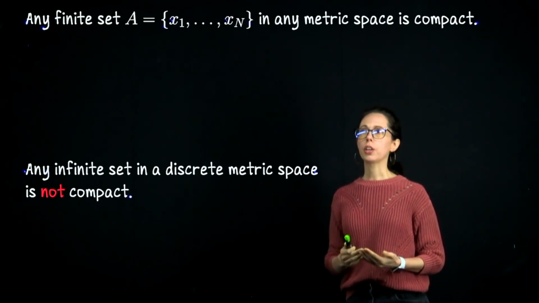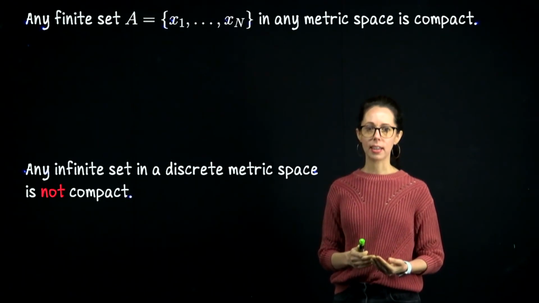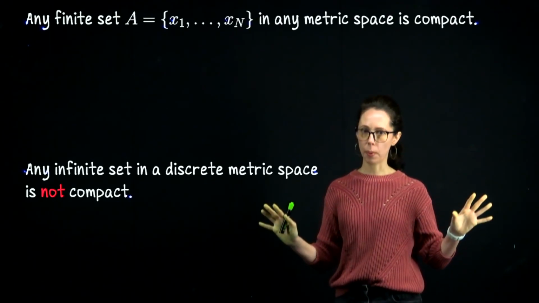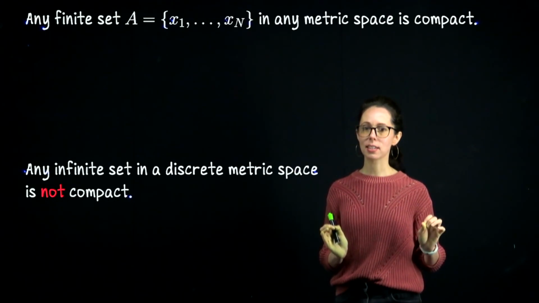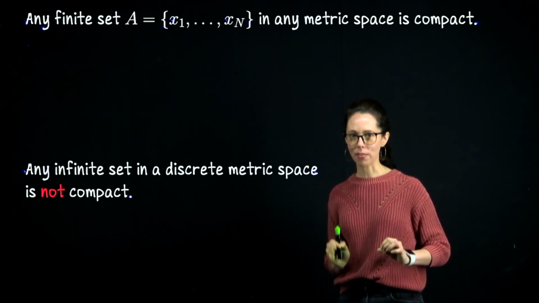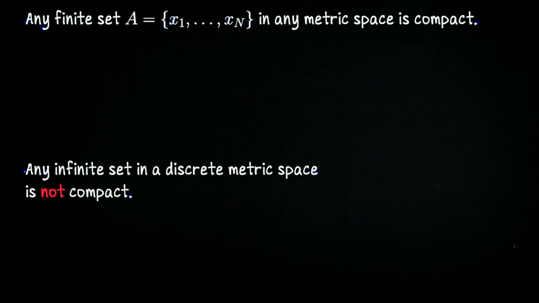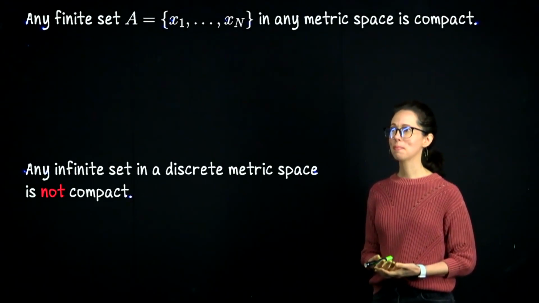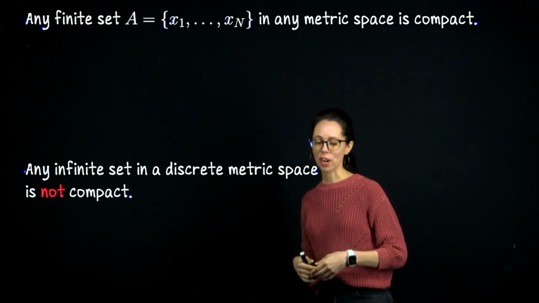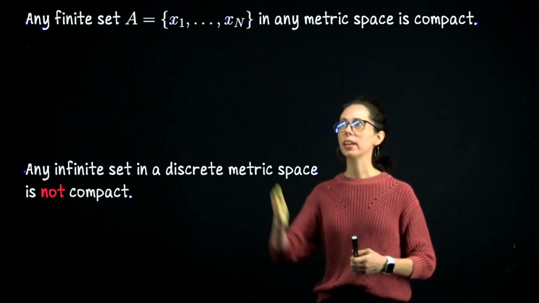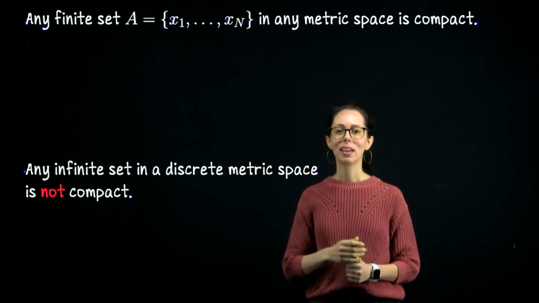Take a moment for the first one. If I want to argue that any finite set is compact, I have to be able to conclude that any open cover of a finite set must yield a finite subcover. Why is that necessarily true? Here's the idea. Maybe I start with an uncountable family of open sets to cover capital N terms.